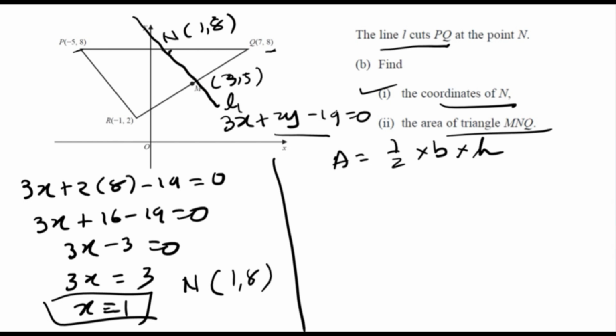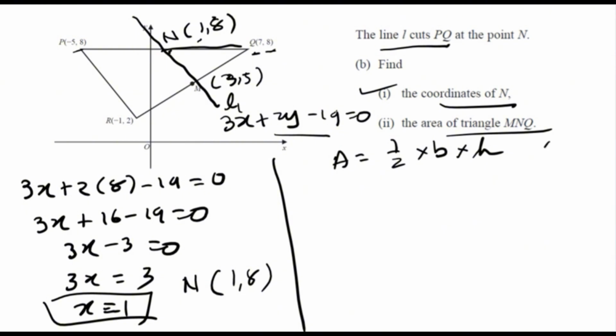Now in this triangle, this QN will give me height. Now to find the QN, I know that the x coordinate of Q is 7 and x coordinate of N is 1. So if I want to find, I can do 7 minus 1. So my height will be given.